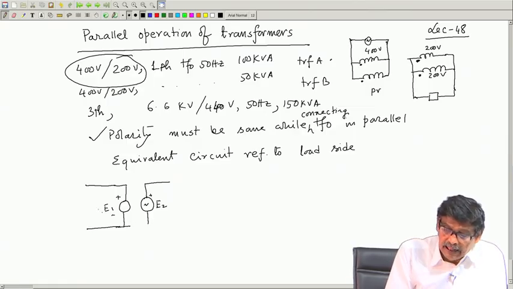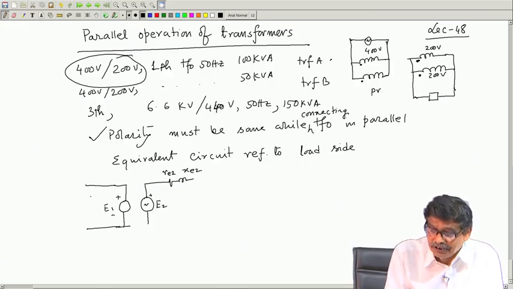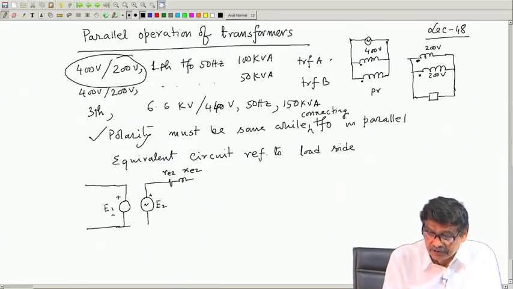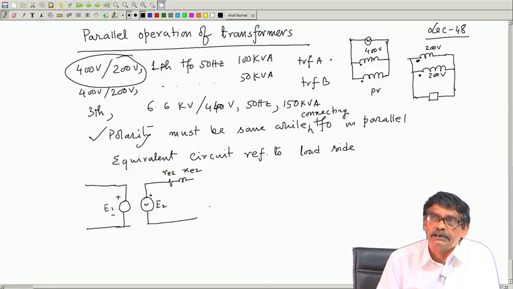And here I will show all the parameters in this way, R E2, X E2, and here I need not show R1, X1, that is what the equivalent circuit means. So, referred to the other side, I will draw the equivalent circuit of each of the transformers. Clear?